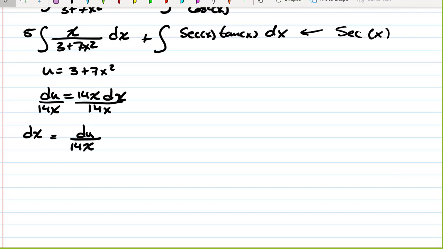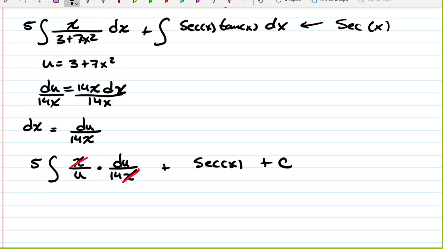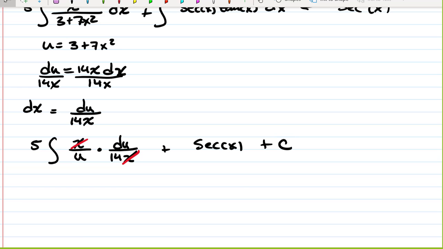But we need to keep integrating this next one. So we have 5 times the integral of x over u times, and then our dx is du over 14x. Our x's cancel, plus our secant x plus c. And we've already done that antiderivative.